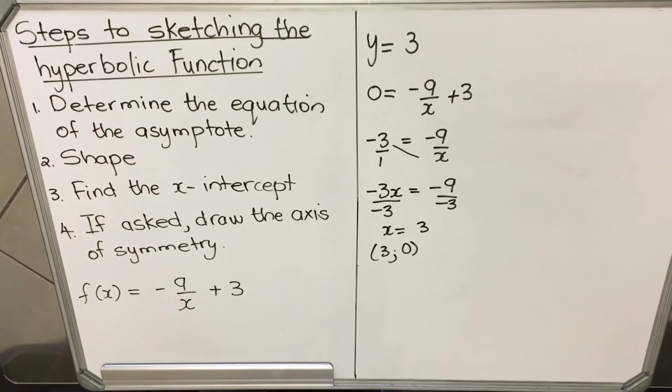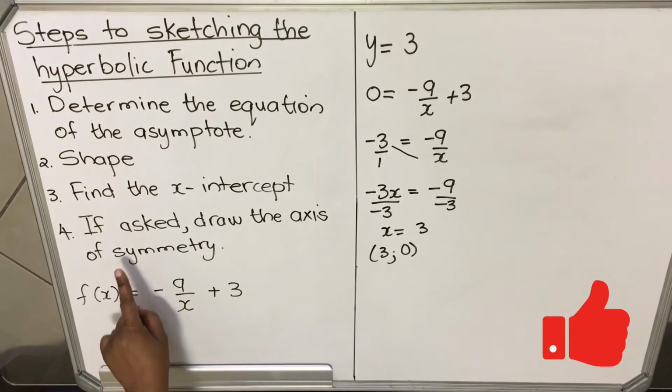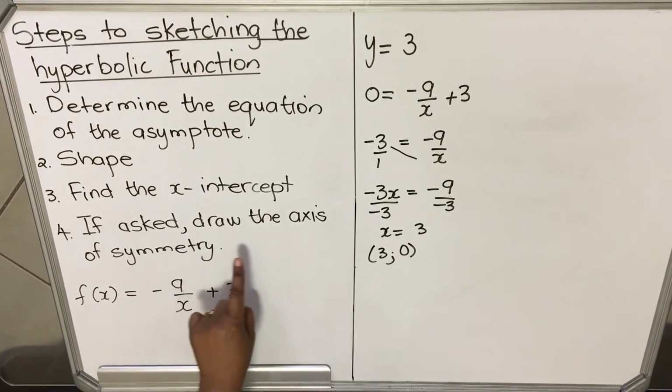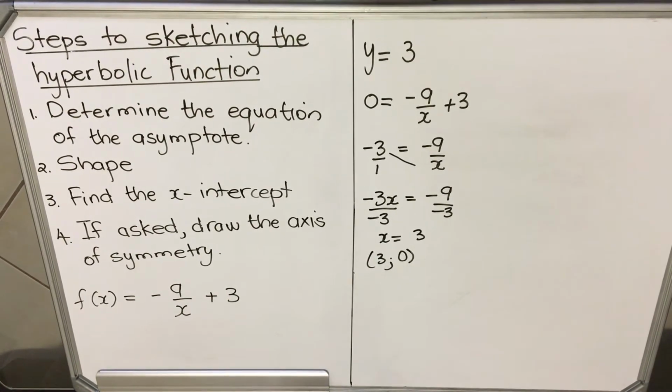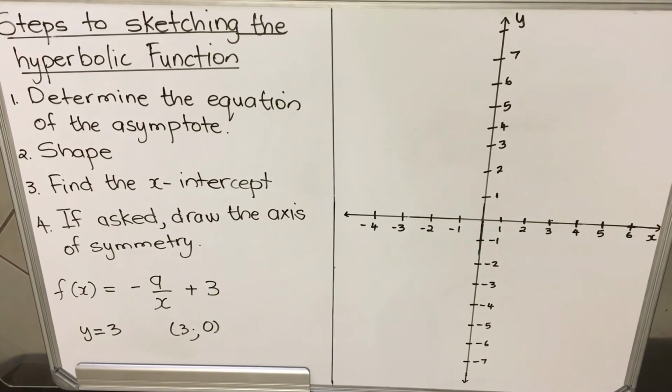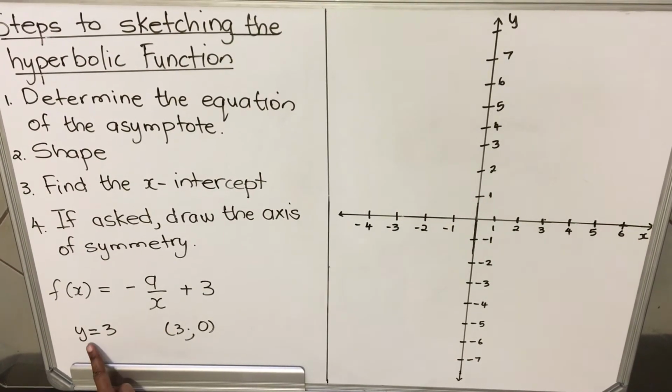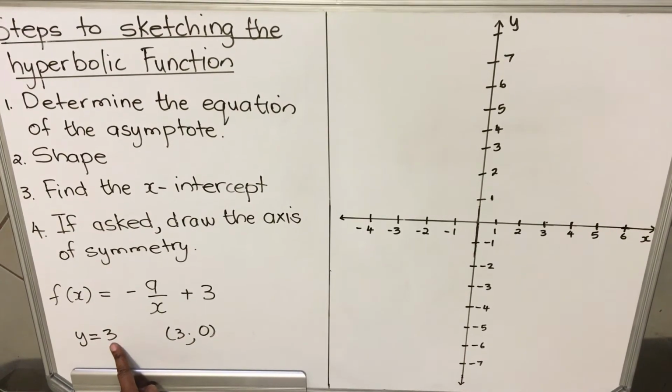Okay, and then the next one, they say find, if asked, draw the axis of symmetry. In this question, we are not asked to draw the axis of symmetry. So let's draw the graph. We're going to start by drawing the asymptote. The asymptote is the line y equals 3.